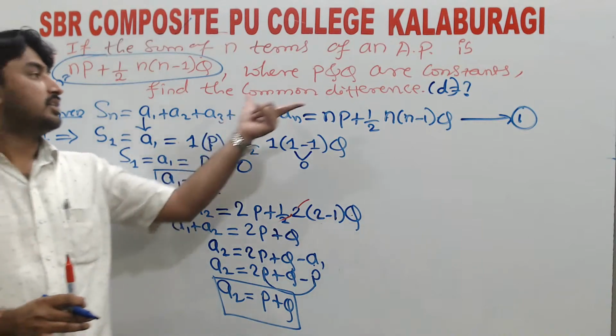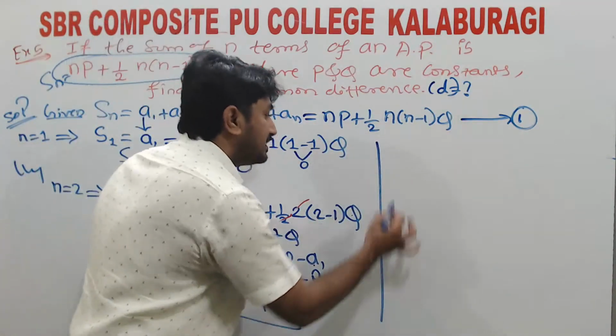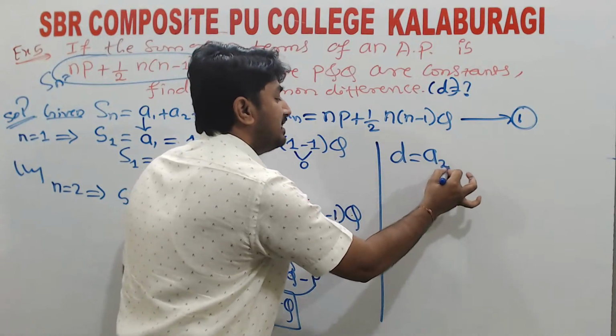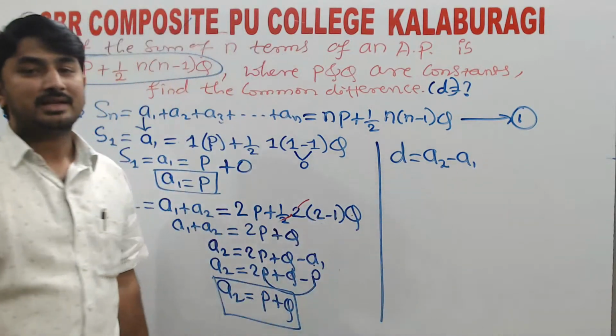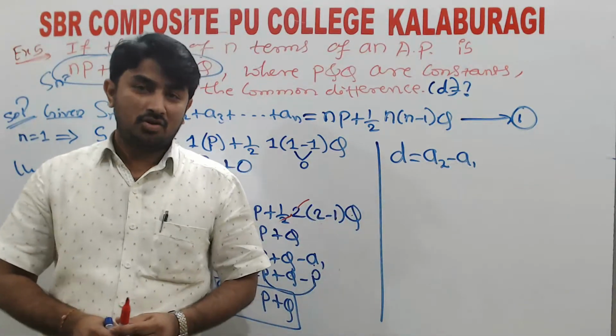So we want to find the common difference D. The common difference D is always the second term minus the first term, since the difference between consecutive terms is constant.